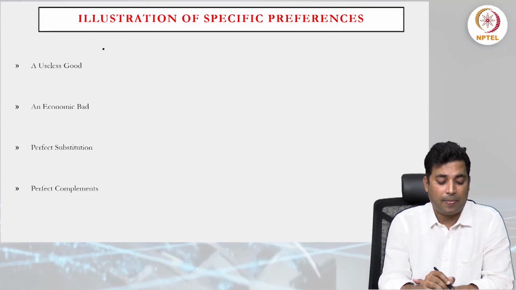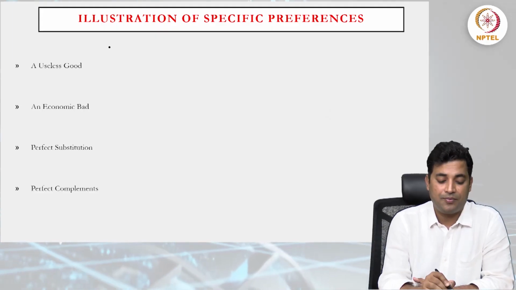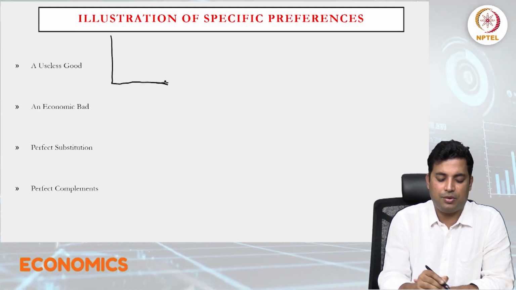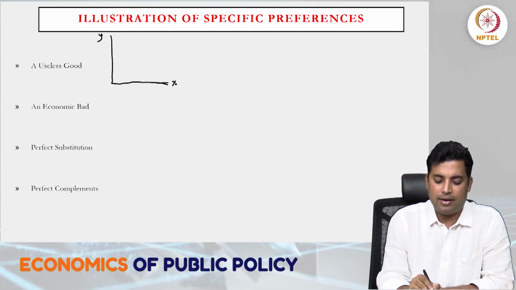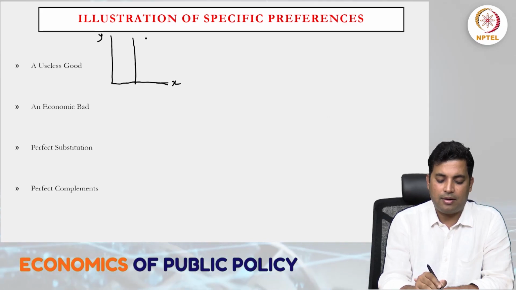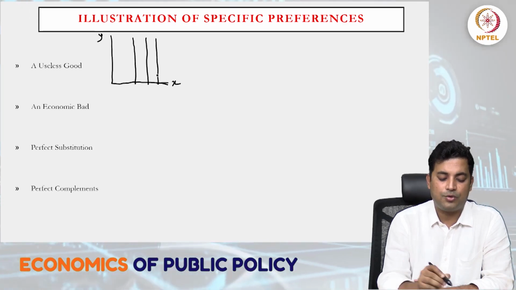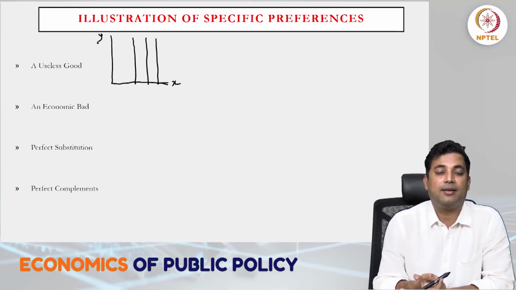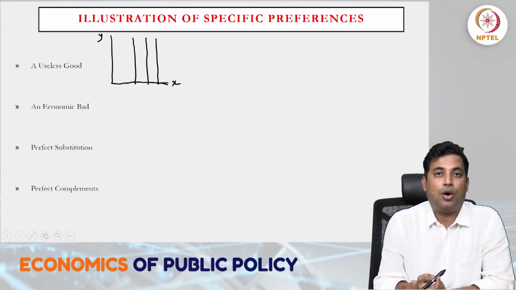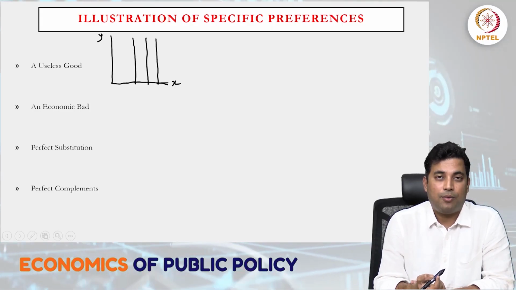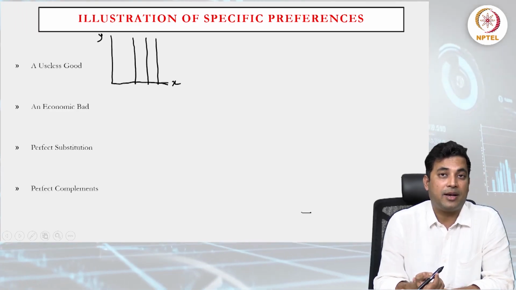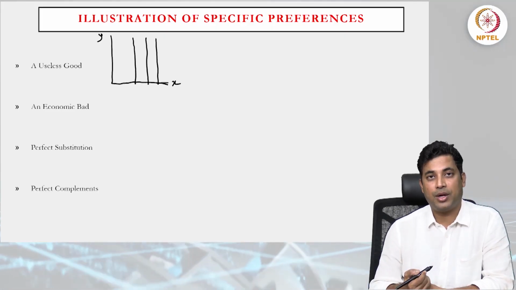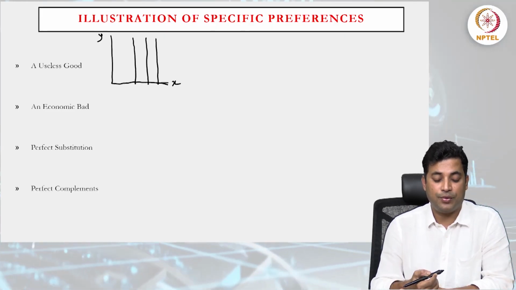For instance, the first example is a useless good. In the case of a useless good, how should the indifference curve look? Again y and x. Suppose y is a neutral good, like if I get the subsidy on, say, LPG, and the government is providing LPG cylinders to reduce other kinds of cooking fuels.